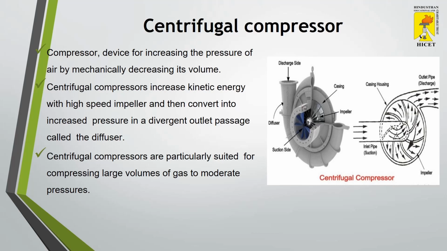In the impeller, both the kinetic energy and the pressure increase. In the diffuser, since there is no work being done, the pressure alone increases. Centrifugal compressors are particularly suited for compressing large volume of gas to moderate pressures.